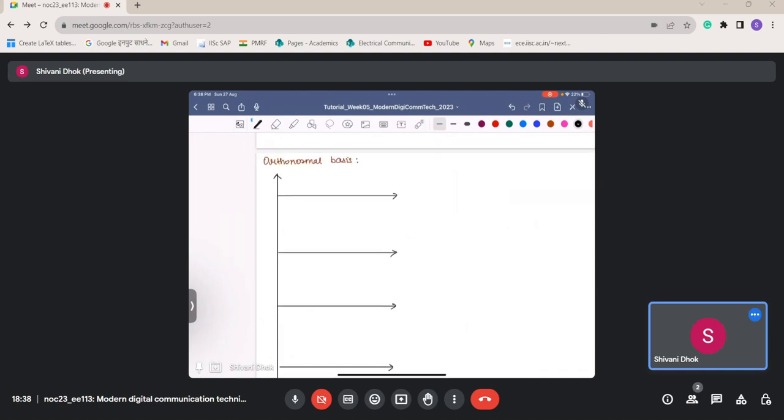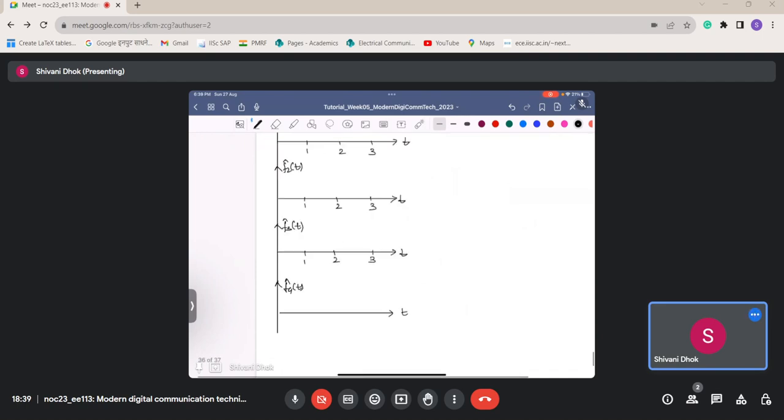So yeah, this is F1 hat of t, F2 hat of t, F3 hat of t, and F4 hat of t, each with axis marks 1, 2, 3.